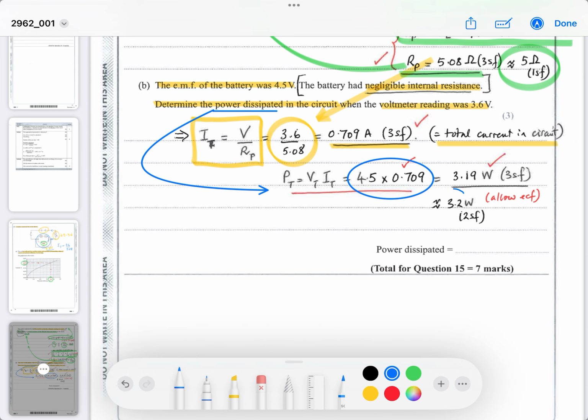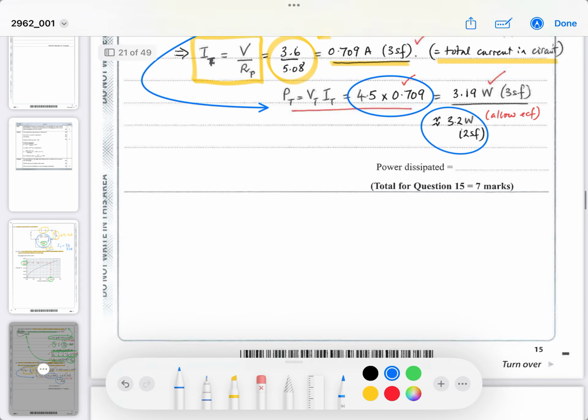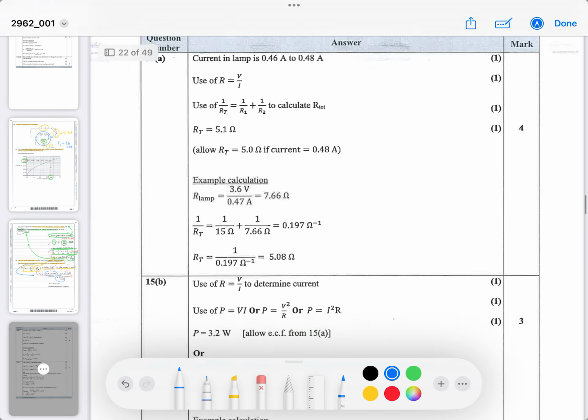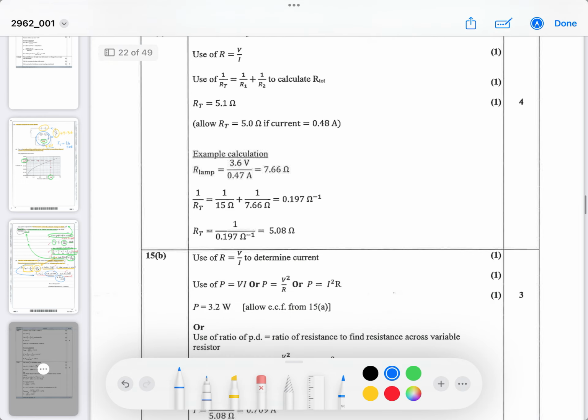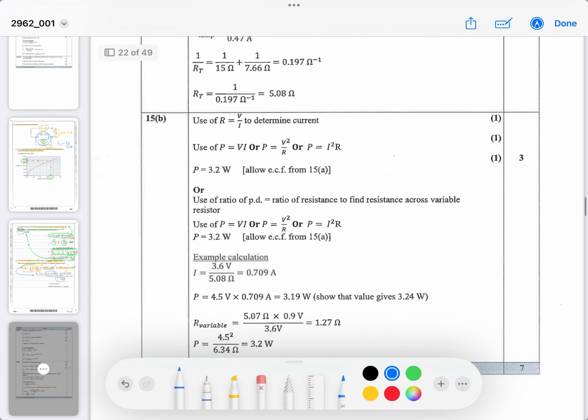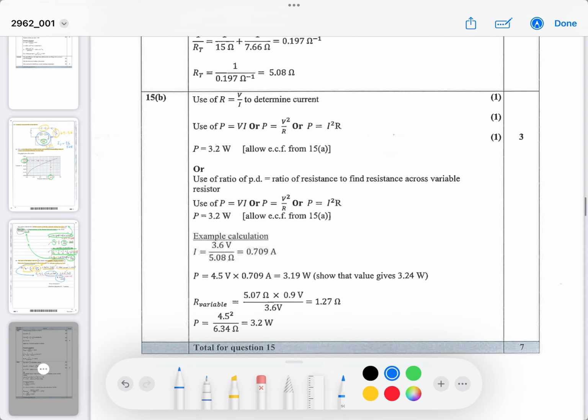You can round it up to 3.2 watts. Okay? So that's another 7 marks done. There's the mark scheme. If you want to pause the video, have a look. They've done alternative methods, okay? But I think the way I've done it is probably the easiest.